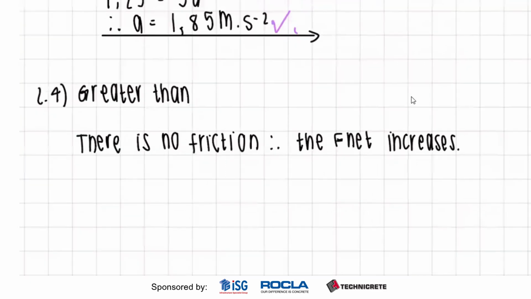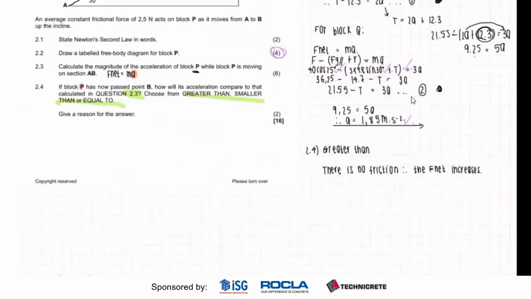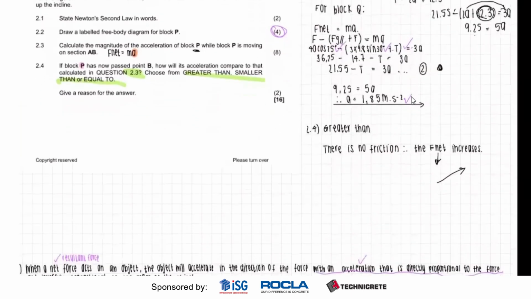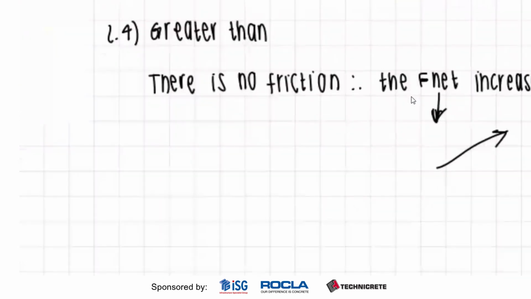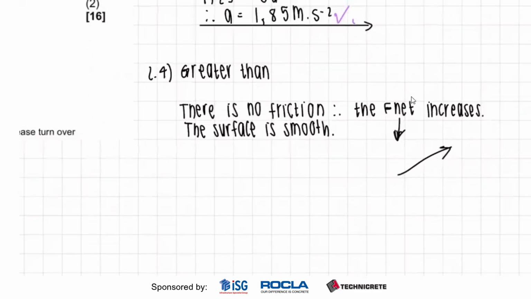This means the F net increases because the force acting up the slope, the net force, which is going to lead to the acceleration, is increasing. Okay. And you can also say that the surface is smooth. And all of those answers will be correct.